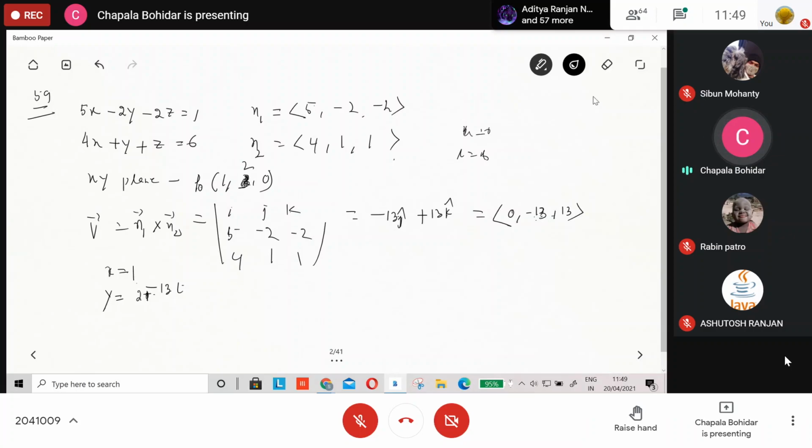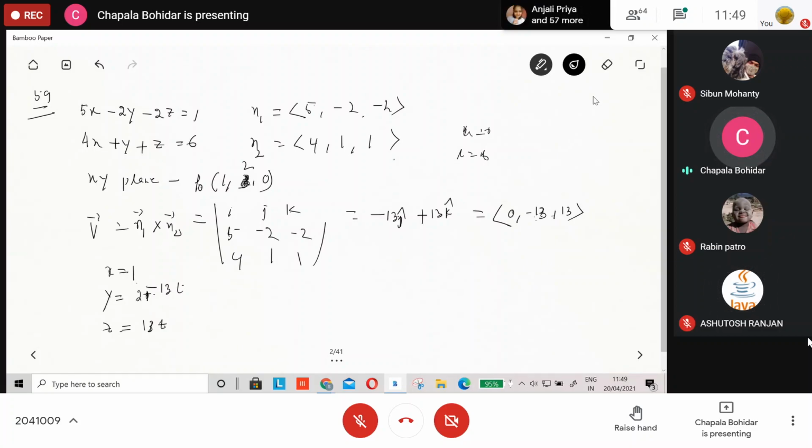And z is equal to 13t. Is that not it? Yes.